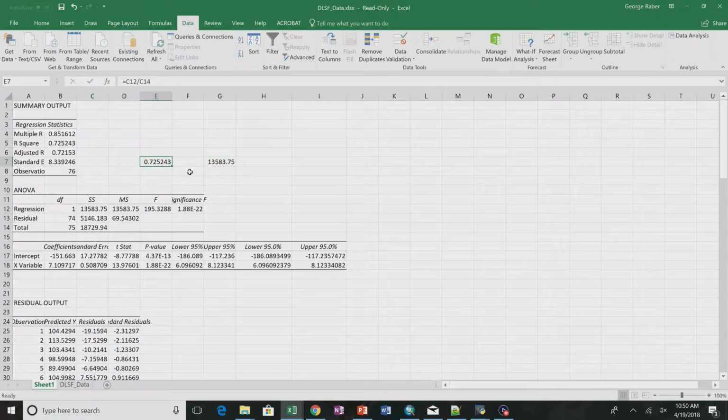And so this R square value works out to be this number squared, but it's also this number right here divided by this number. The explained variance divided by the total variance. And that's why it's always going to be a number between 0 and 1, because as you explain more and more variance, you're getting closer and closer to 1.